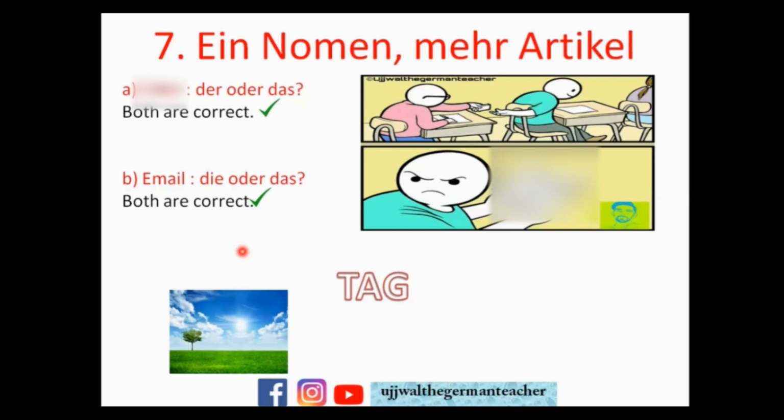The first one on the left-hand side is day. The other one is tag, the price tag or hashtag that you use. So what's the difference? This one is der Tag, the day. Das Tag, not Tag. Das Tag, the English one. So do not make such mistakes.